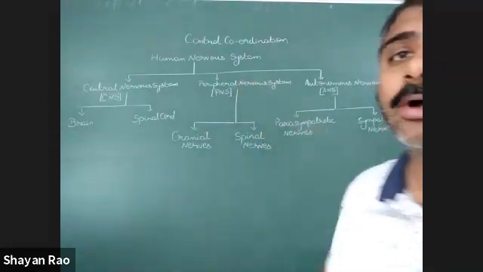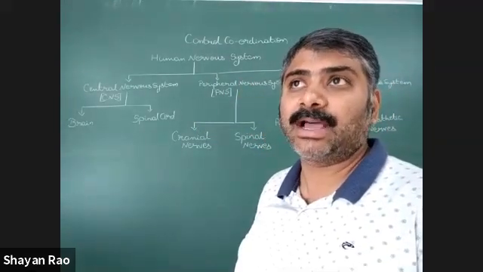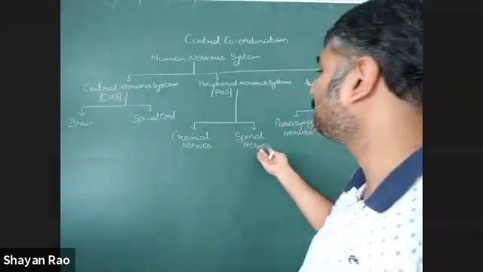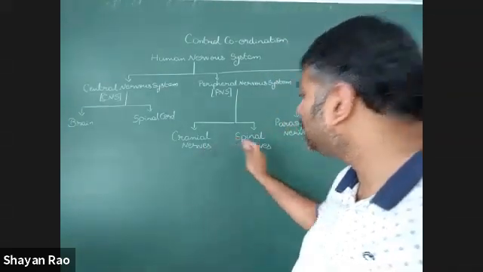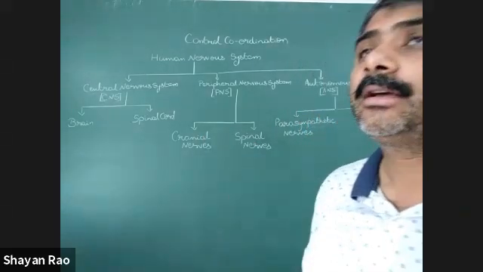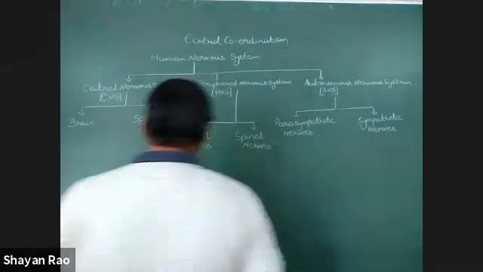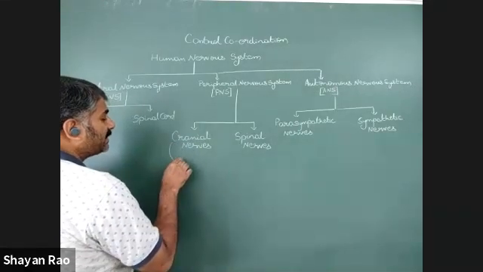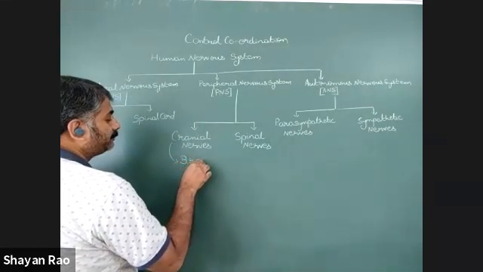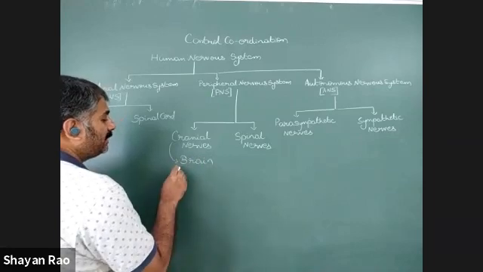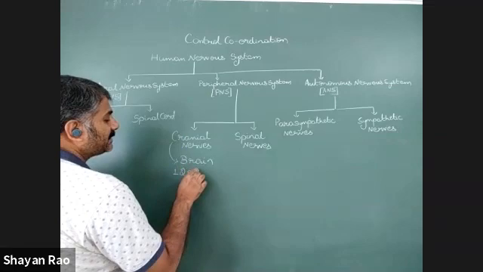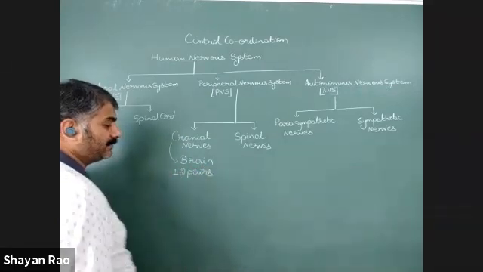We just read about motor nerves, right? Those motor nerves are present in both cranial nerves and spinal nerves. What is the difference between these two then? Cranial nerves are the nerves which arise from the brain. There are 12 pairs of cranial nerves.